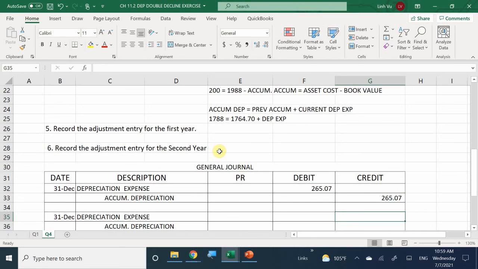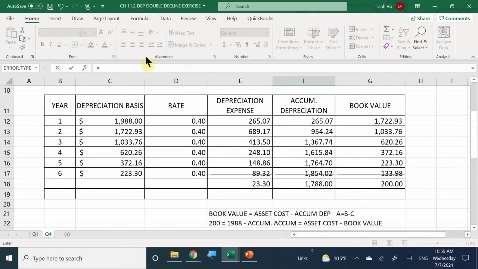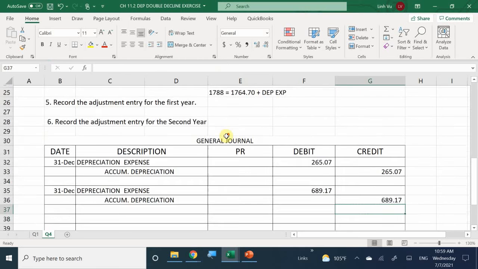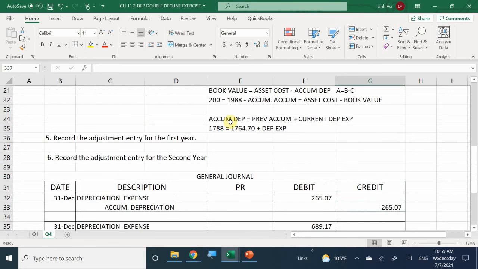Good. What is the depreciation expense for year 2? $689.17. Good. All right. And that is it for chapter 11.2.